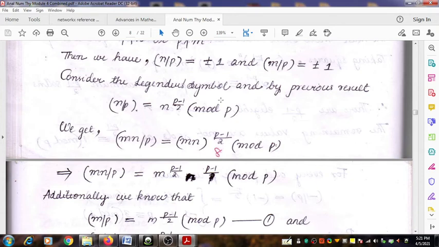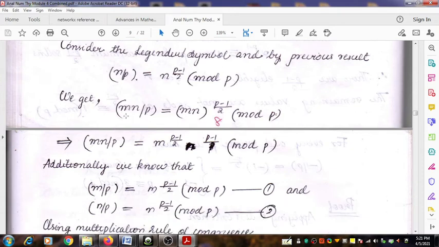You can write both expressions, and also consider (mn/p). When we consider (mn/p), you can apply the same result. Applying the same result, (mn/p) equals (m into n) the whole raised to (p minus 1) divided by 2 mod p.